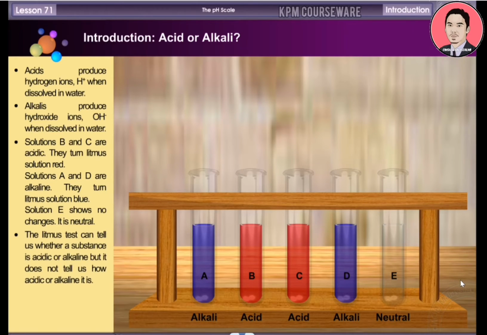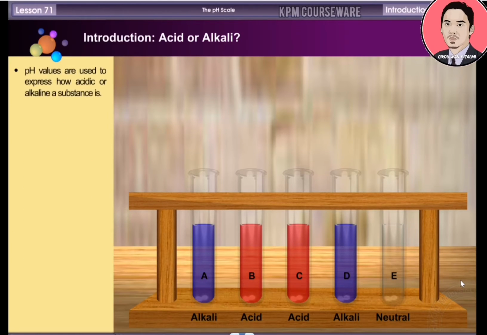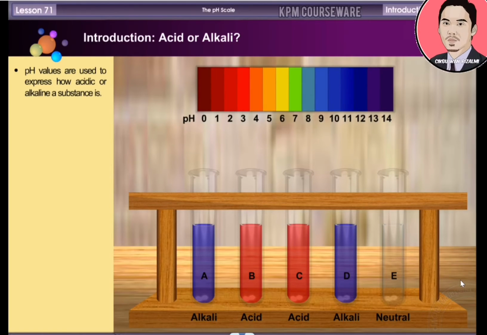The litmus test can tell us whether a substance is acidic or alkaline, but it does not tell us how acidic or alkaline it is. Chemists have now come up with a method using numbers called pH values to express how acidic or alkaline a substance is.